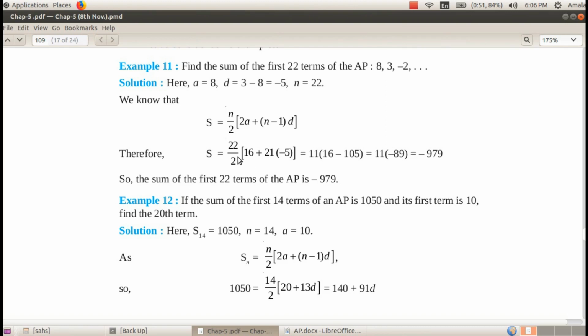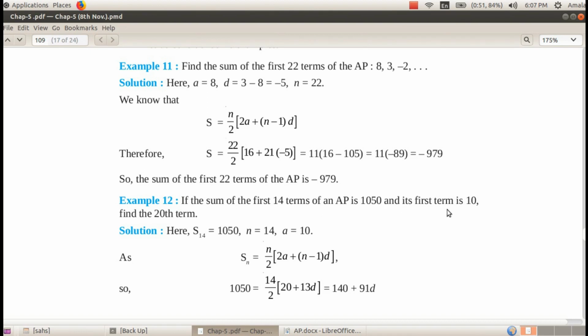That is equal to 11 times minus 89. The sum is minus 979. So, the sum of the first 22 terms of the AP 8, 3, minus 2, etc. is minus 979.